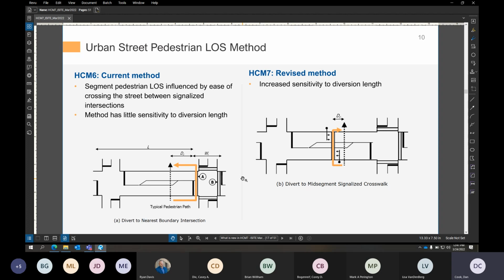If you're in between intersections and you can't cross right in the middle, you have to go down to a signalized or marked crosswalk to get to your destination. That's something that has been added in, so that level of service is more sensitive to how a pedestrian has to go out of their way to get to their destination. It also includes the effects that mid-segment signalized crossings have on the pedestrian level of service.